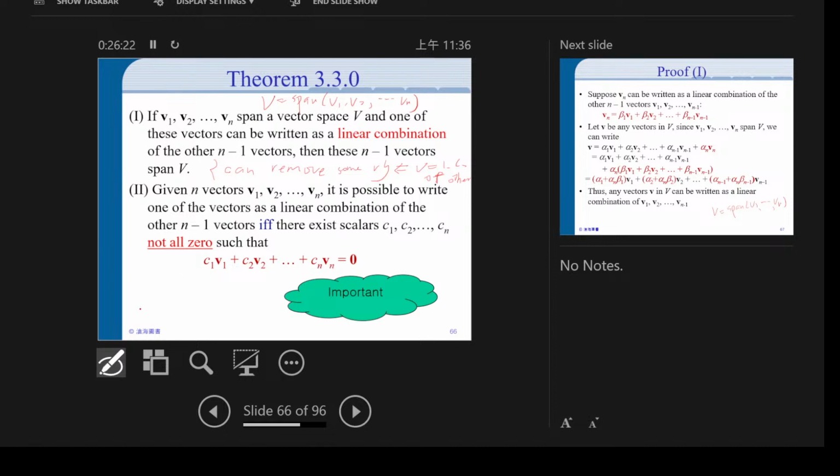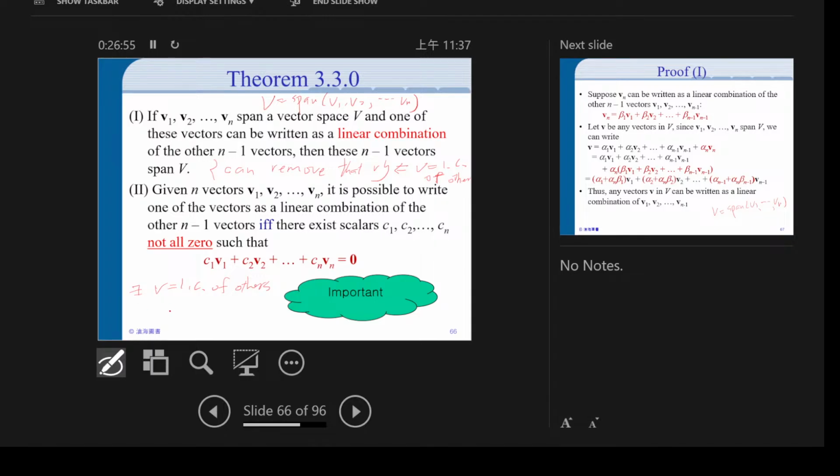I guess it doesn't matter so much, so let's be a bit lazy about quantifiers. So here we say if some V is a linear combination of others, then you can remove that V. And condition 2 says, let's do, exists V equal to a linear combination of others.